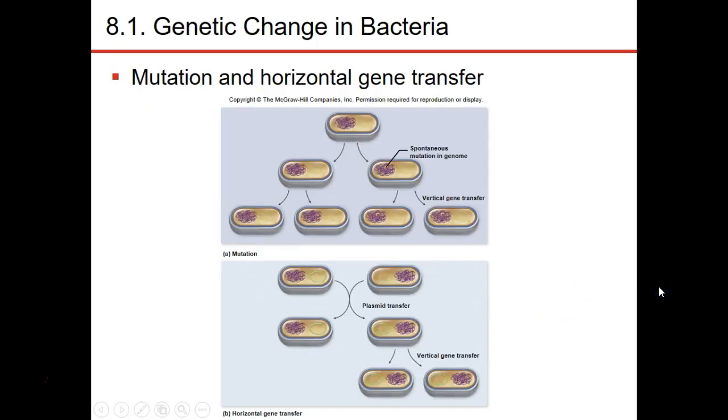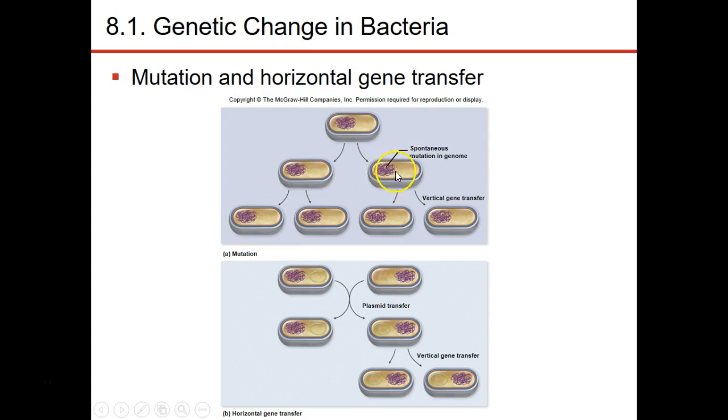All right. So you can see mutations occurring both vertically and horizontally. So here we have a parent cell that is going to replicate and copy its DNA and produce two daughter cells. And in this daughter cell, a mutation has occurred. And so this is just spontaneously, some change in the genes.